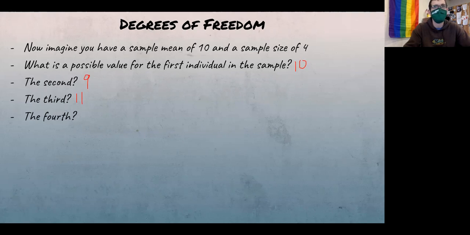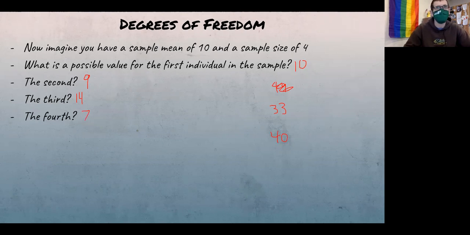So in this case, the first 3 we could randomly decide, and if we wanted to make this 14 instead, just to spice it up a bit, right? So I add this up, so that's 19 plus 14 is 33. So there we go. Now we have 33, but we know for a sample mean of 10, we have to have a total of 40, which means the last guy has to be 7.